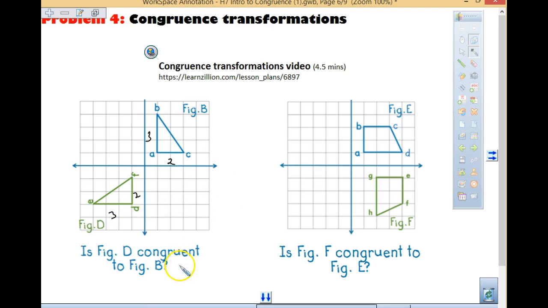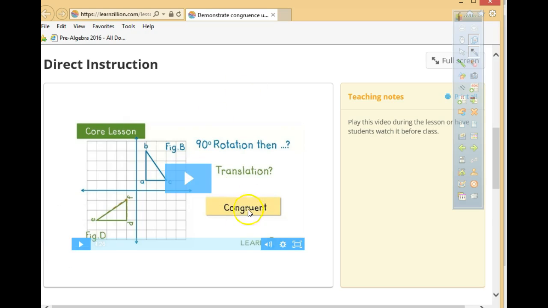So, do the two figures look congruent? Yes. But what I'm going to ask you to do is show me and explain how you map one onto the other. And you're going to be specific, like those last questions in worksheet 5 and worksheet 4 that you had to do. So again, we're going to look at this video. It's pretty quick.